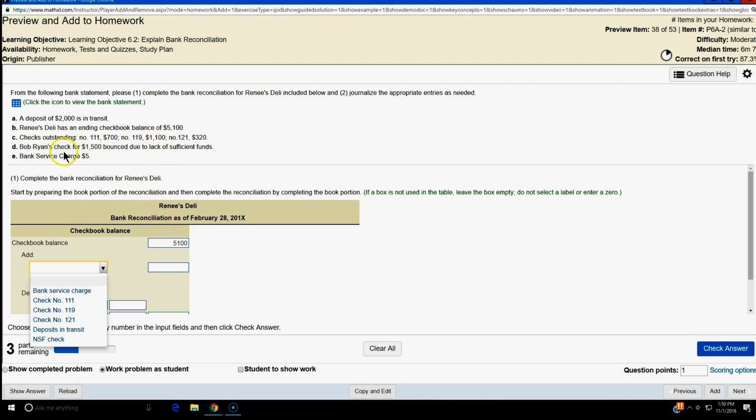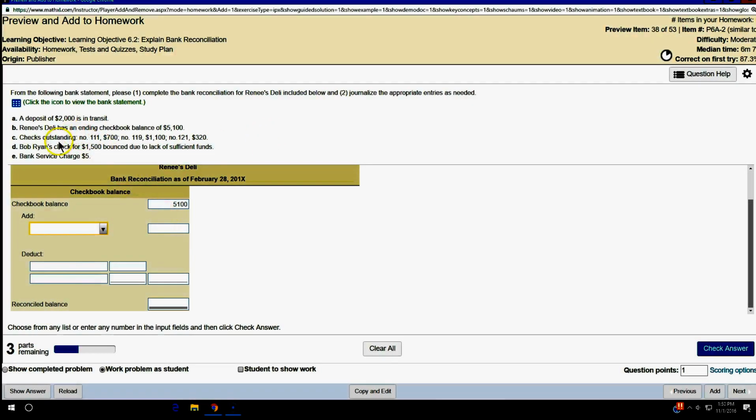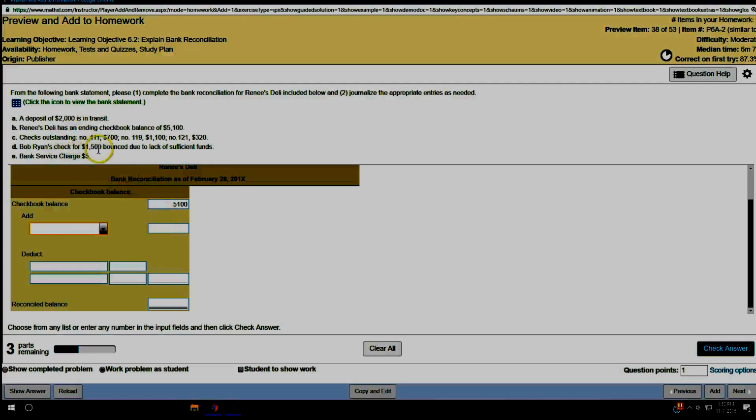You got Bob Ryan's check, $1,500. That's one of our customers, returned due to lack of sufficient funds. Well, there's a situation where we deposited this guy's check and we got credit initially, but then the bank turned around because they could not collect the funds from Ryan's account.